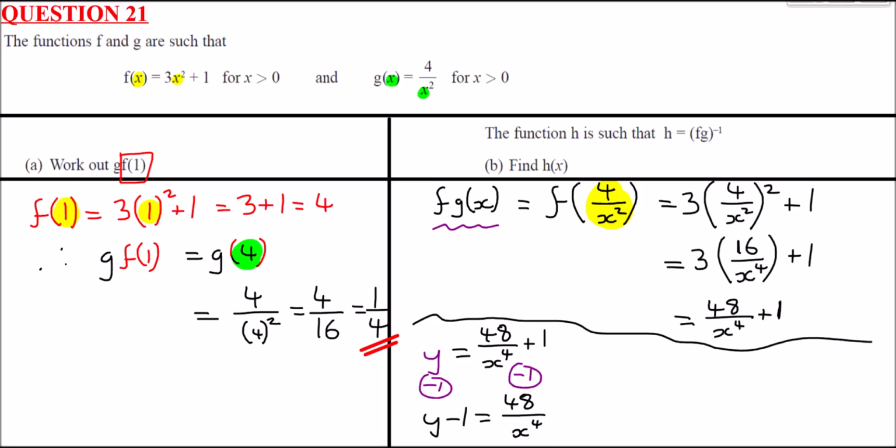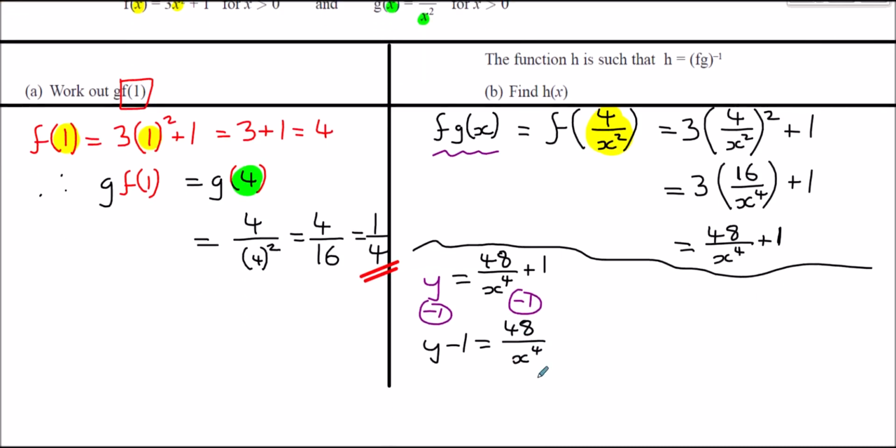I can then multiply both sides by x to the 4, so I'll then get x to the power 4 times y minus 1 equals just 48.